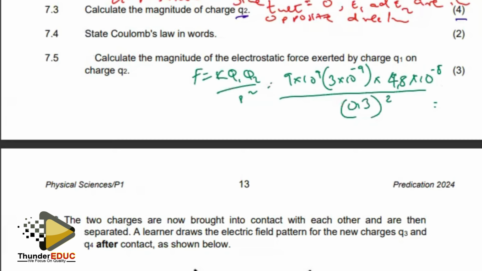That gives me something weird again. I hate this. So it's 1.44 times 10 to the negative 5. Remember, it's a force, so it's newtons.